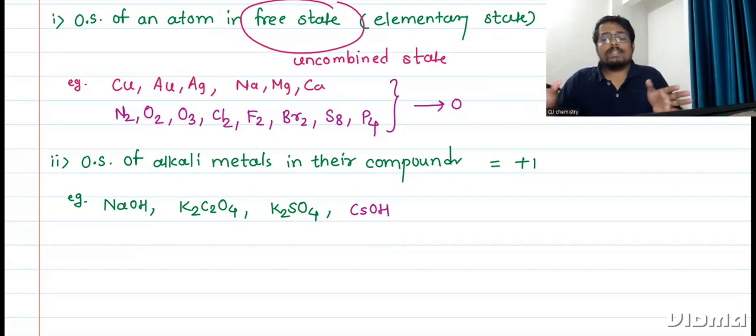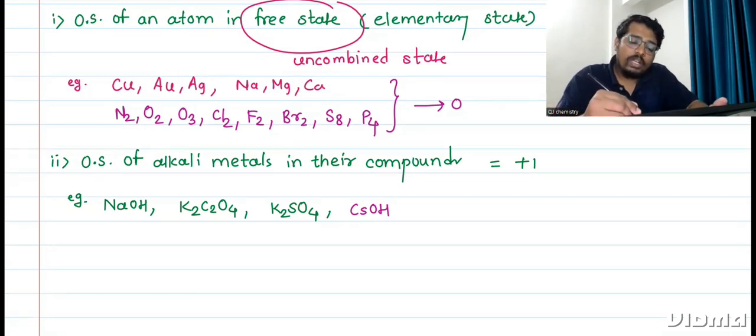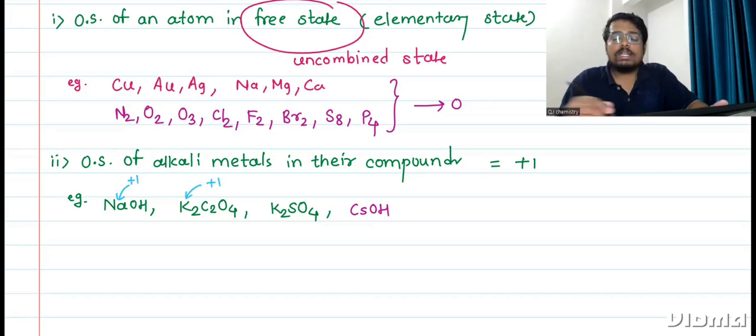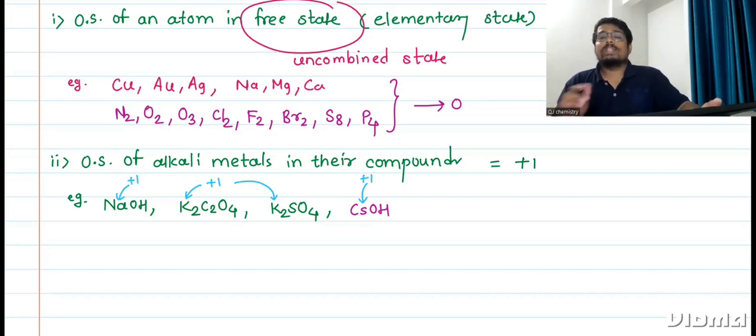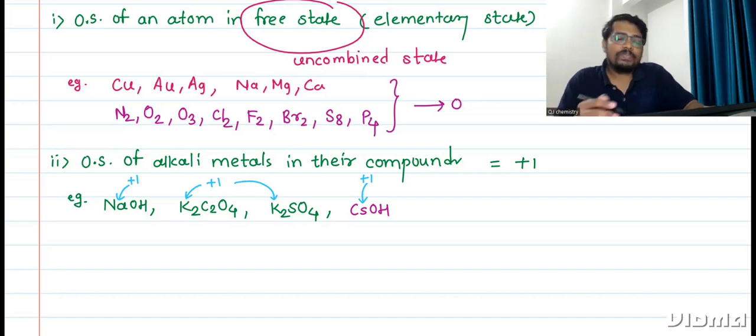So in all the compounds of alkali metals, the oxidation state of the alkali metal is always equal to plus 1. Here, the oxidation state of sodium is plus 1, potassium is present in plus 1 oxidation state, the potassium in potassium sulfate is also in plus 1 oxidation state, and cesium is also plus 1. So the oxidation state of an alkali metal is always equal to plus 1.